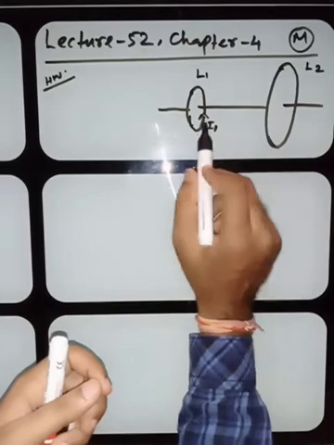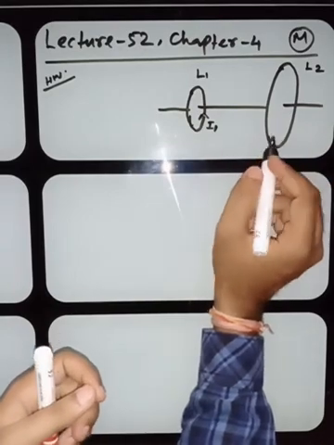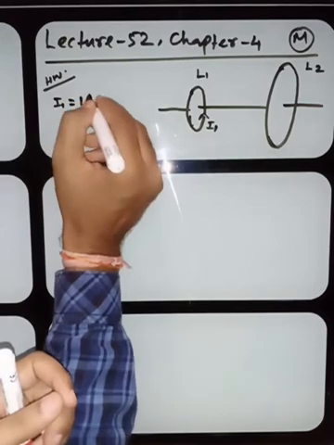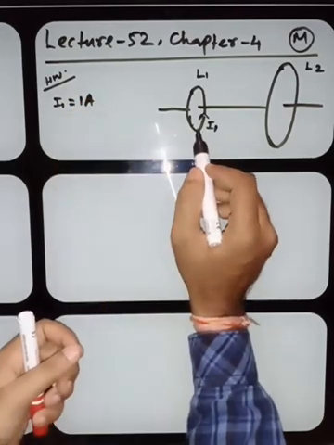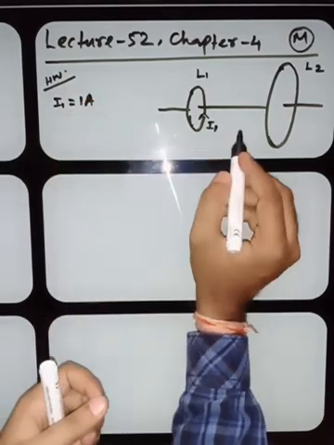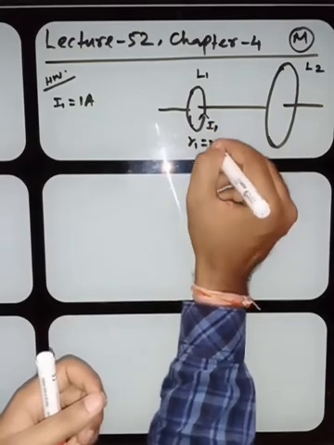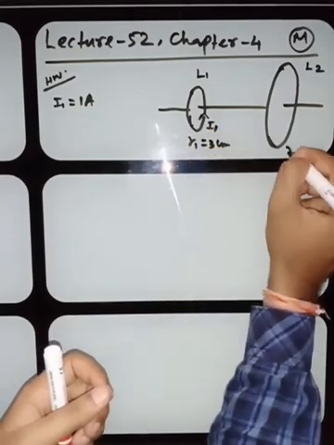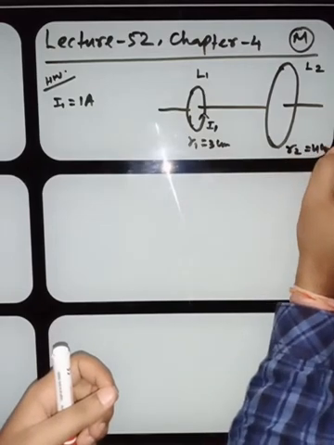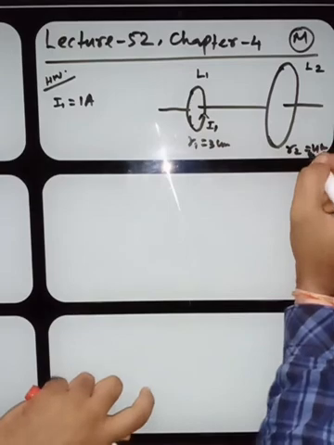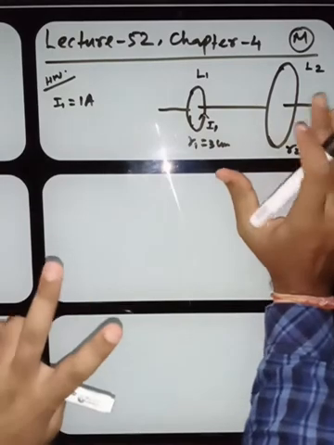These are two coaxial coils. In this coil the current is 1 ampere, and its radius R1 is 3 centimeter, and its radius R2 is 4 centimeter.